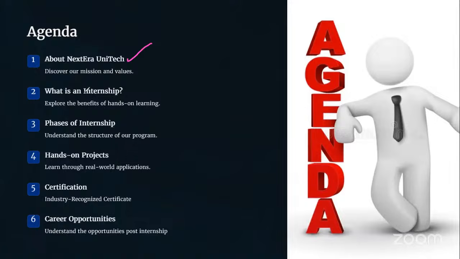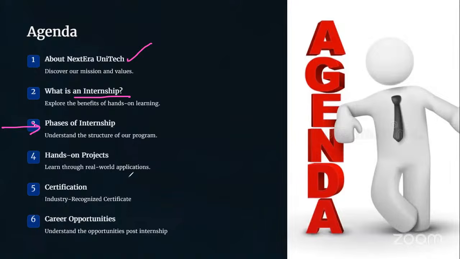Okay, followed by let us understand what is internship, because the majority of people are not aware of what exactly an internship is. And post understanding what an internship is, I'll be talking about the phases of internship that we offer. The different phases that we have, I'll be keeping it very clear. Then we'll also include a hands-on project as part of the internship, right? So let us understand what the project phase will be.